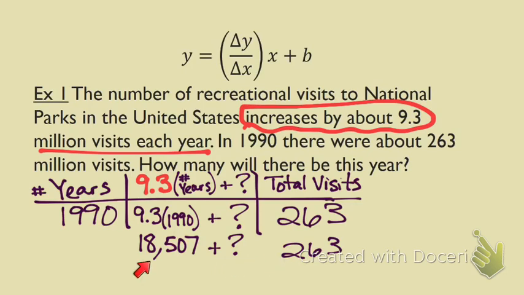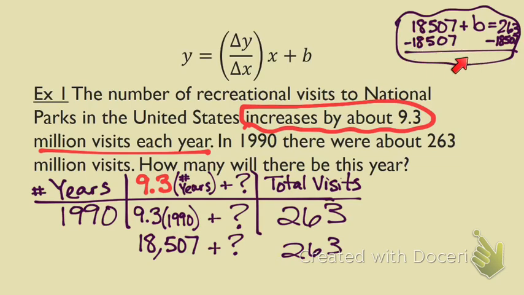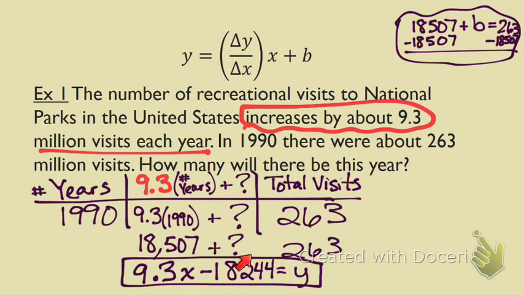Sort of doesn't make sense because I gotta decrease in order to get to 263. So maybe instead of adding, I'm gonna have to subtract some sort of stuff. So if I set up a little equation to try to figure out this number, it makes it a little bit easier. So what is this number that's going to be used in my model? So this magic number is going to be part of my model.